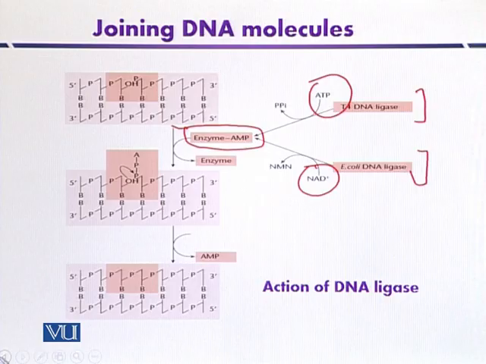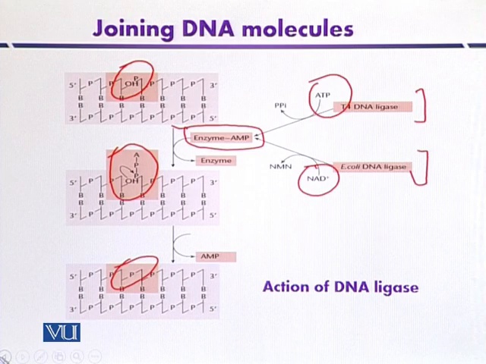So this is the target site, the 5' phosphate and 3' OH group that needs to be bridged or ligated so that a phosphodiester bond will be formed. So the enzyme will bind here and finally it will introduce a phosphodiester bond within the DNA molecule.